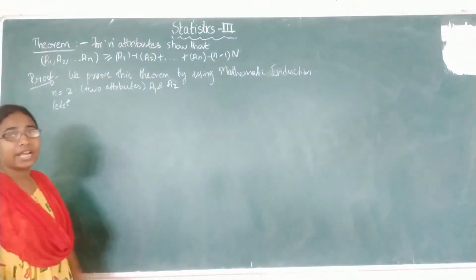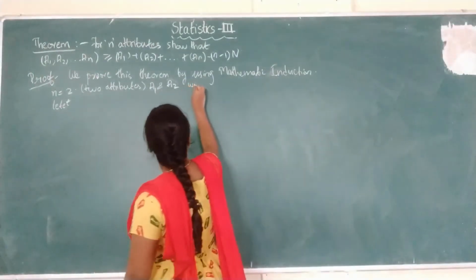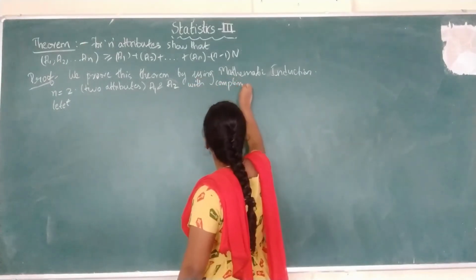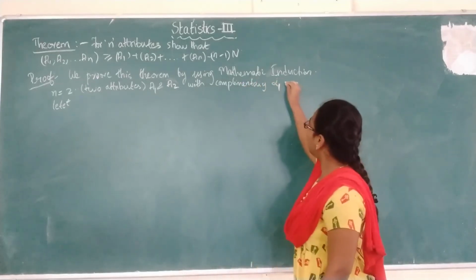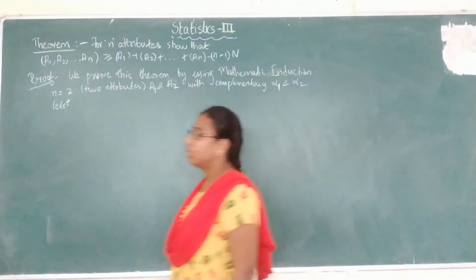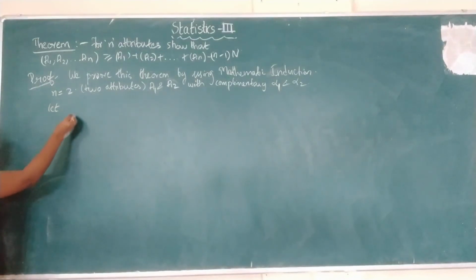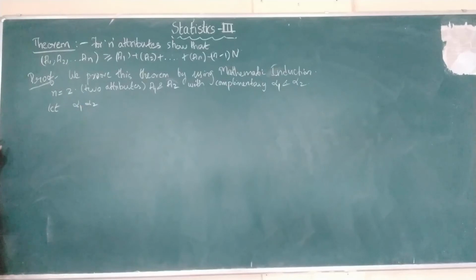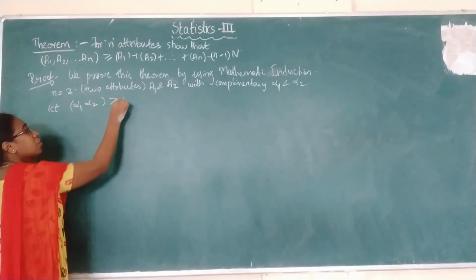The attributes are A1 and A2. So if I consider two attributes A1 and A2, what are their complementary attributes? For A1, the complementary will be alpha 1, and for A2, the complementary will be alpha 2. Now, let the class frequency of alpha 1 alpha 2 be greater than or equal to 0.